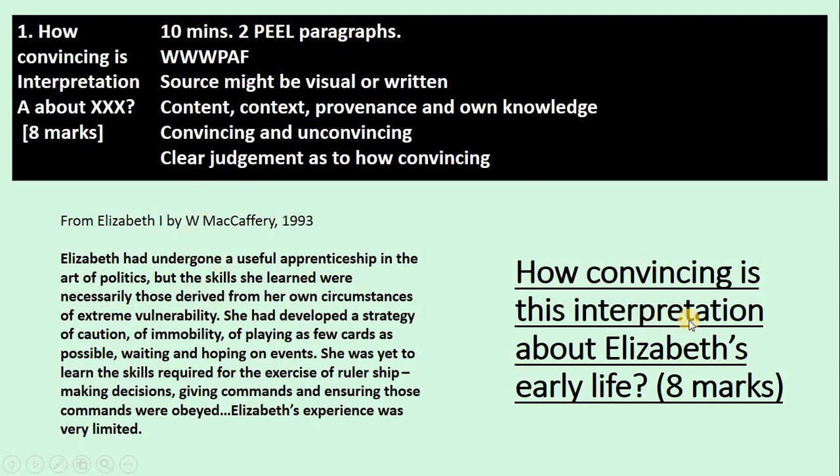This interpretation, technically speaking we should say interpretation, about Elizabeth's early life is convincing in that it shows, or that it recognizes, okay, then your second PEEL paragraph point. However, this interpretation is unconvincing in describing Elizabeth's early life, because it doesn't take into account this. So practice writing your PEEL paragraphs.